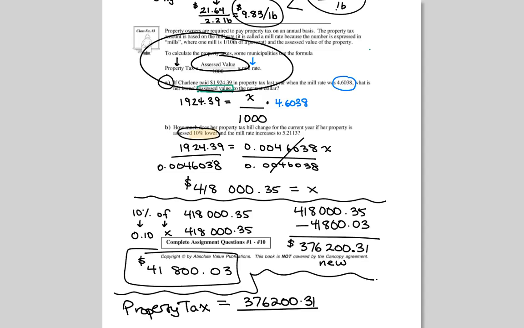We have to divide that by 1,000 according to the formula, and then we multiply by the mill rate, which has changed from 4.6 to 5.2. So multiply by 5.2113.